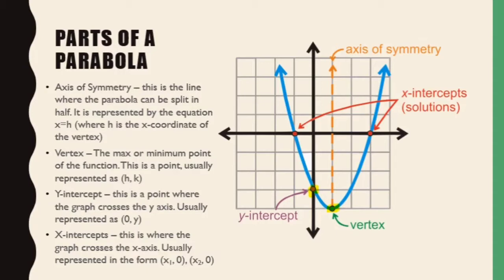In this example, we have two x-intercepts: (-1, 0) and (3, 0).